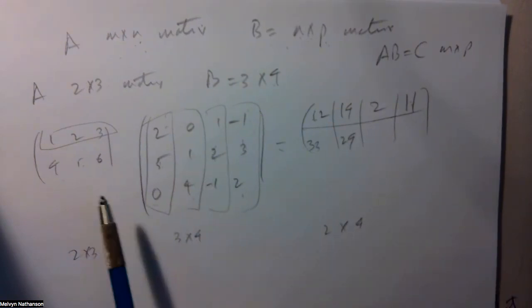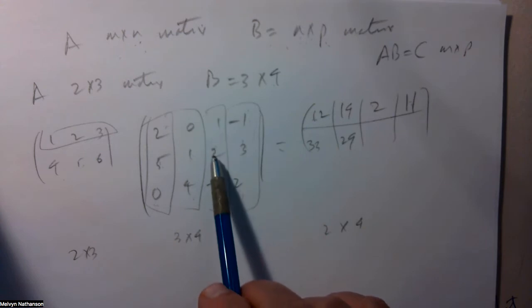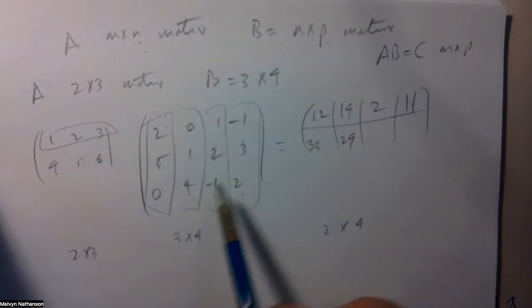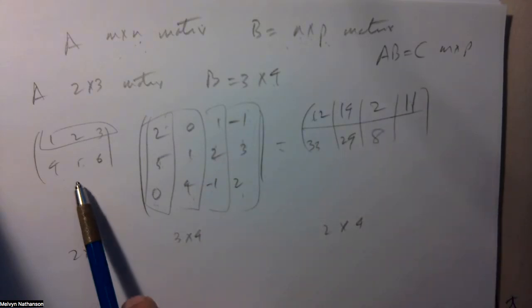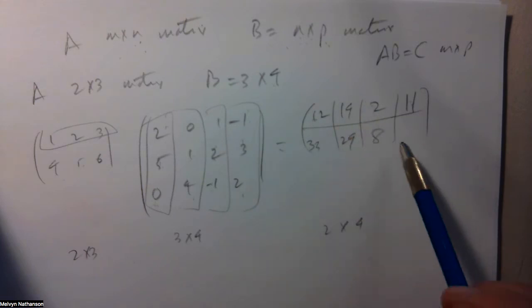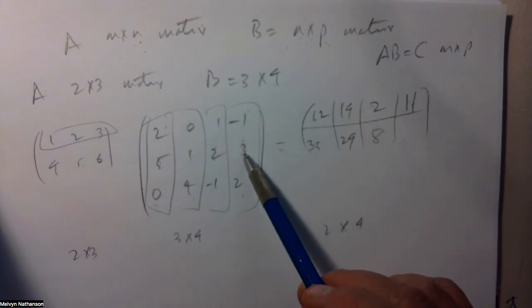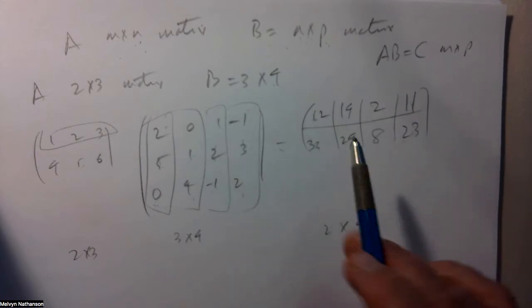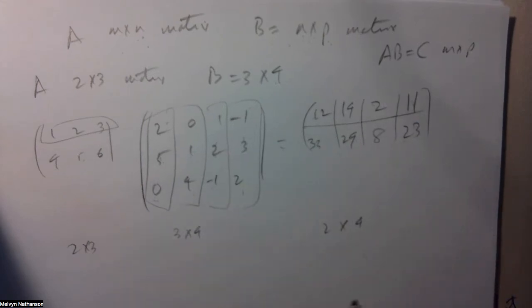Second row, third column, 4 plus 10 is 14, minus 6 is 8. And finally, second row, fourth column, minus 4 plus 15 is 11, plus 12 is 23. And in the homeworks, you will have a lot of practice multiplying matrices.